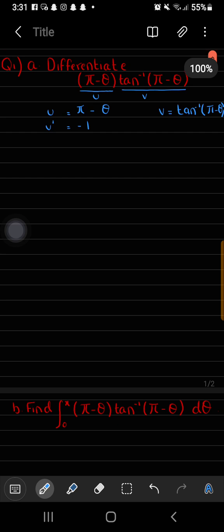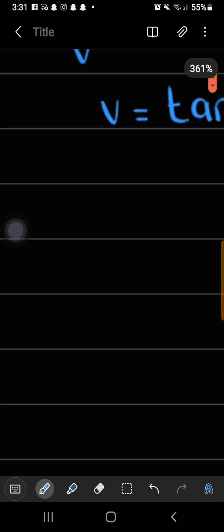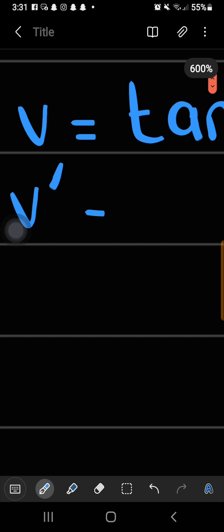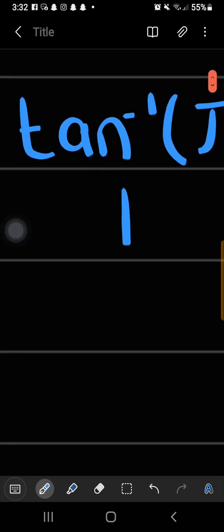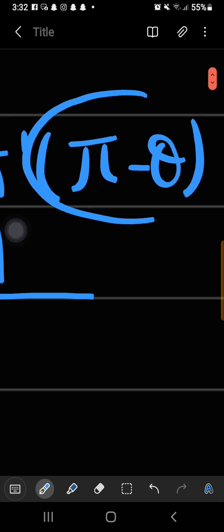Let me make a space to write it nicely. v is tan inverse (pi minus theta), and its differentiation will be 1 upon 1 plus the square of this.